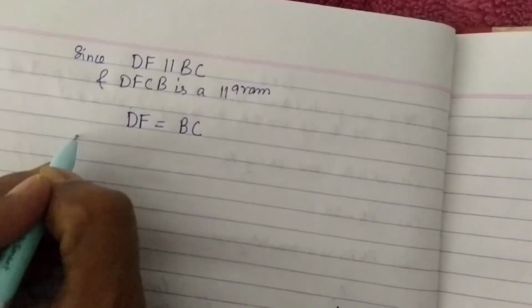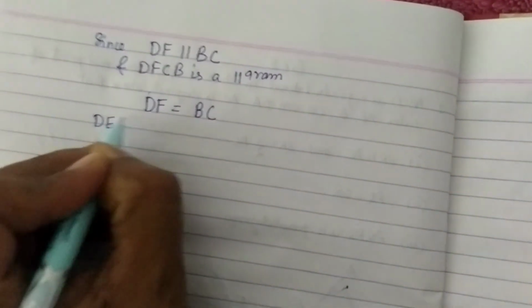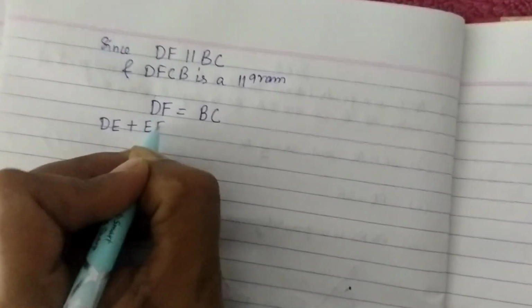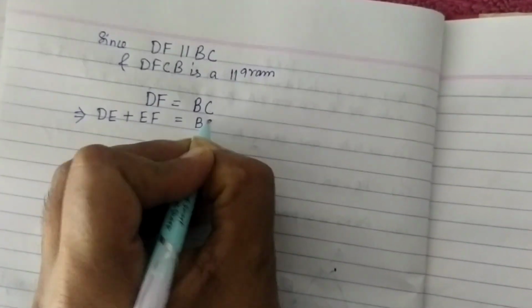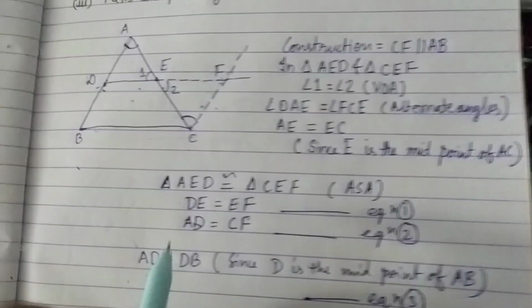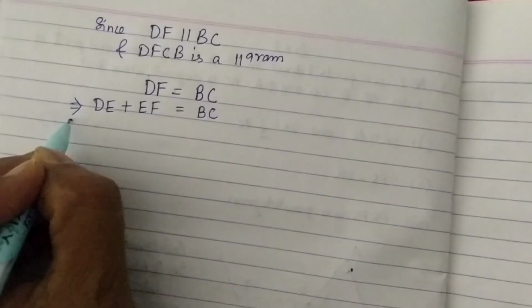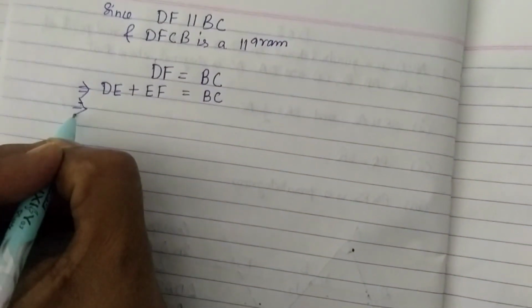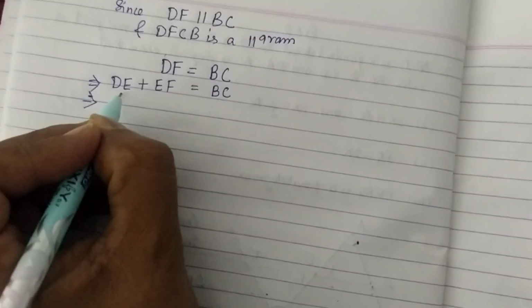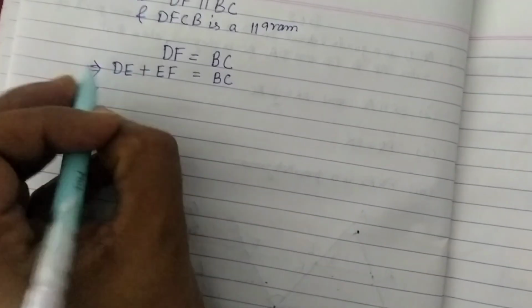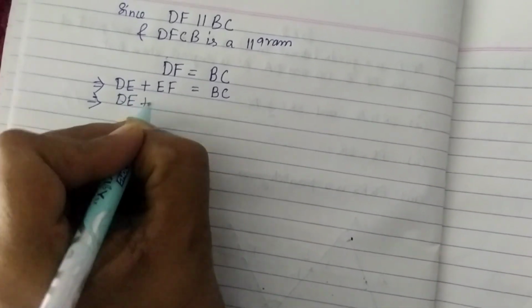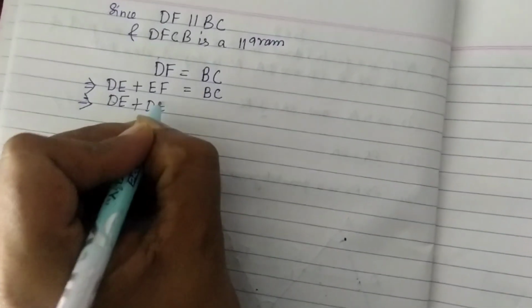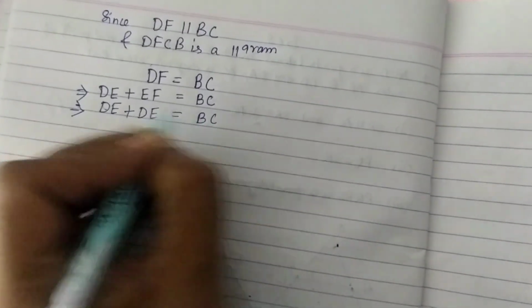DE plus EF is equal to BC, and from equation number 1, DE is equal to EF. So in place of EF you can write DE, so DE plus DE will become equal to BC.